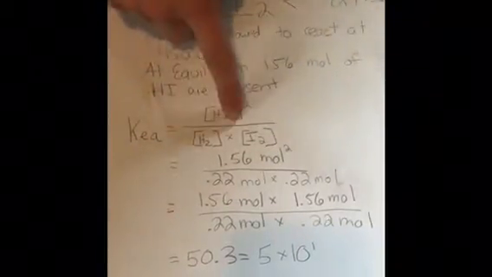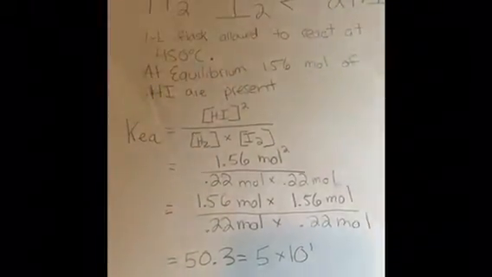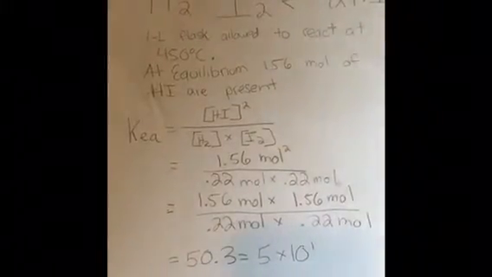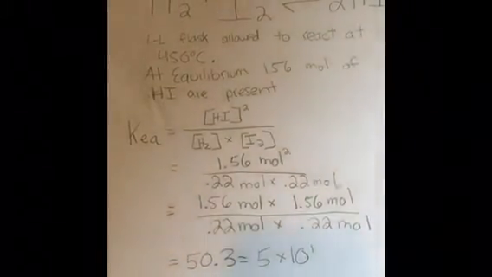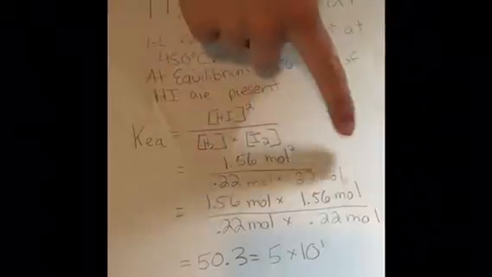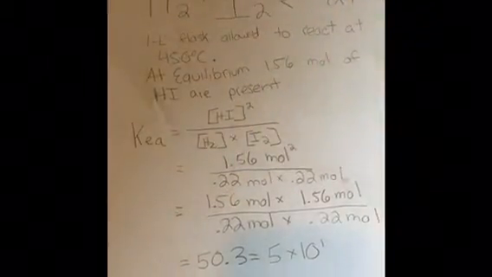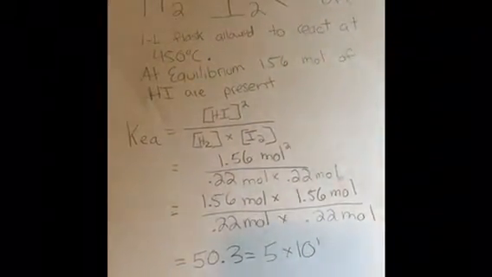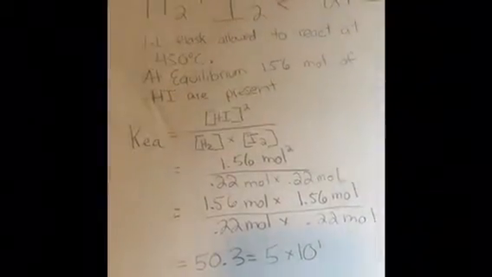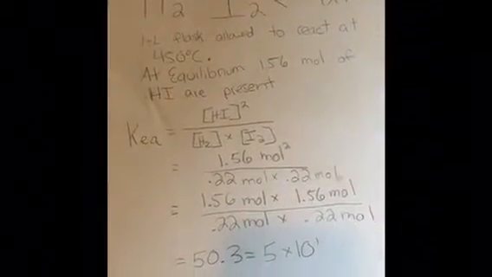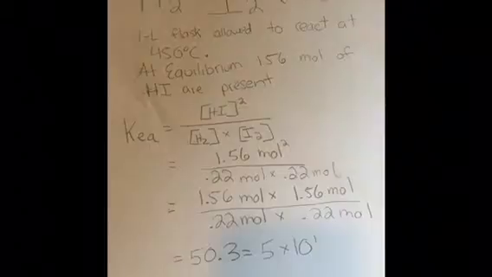This is your formula, and you plug in the 1.56 moles on top there and the 0.22 moles for both of these concentrations. And when you calculate that all out, it equals 50.3, which is 5.0 times 10 to the 1.